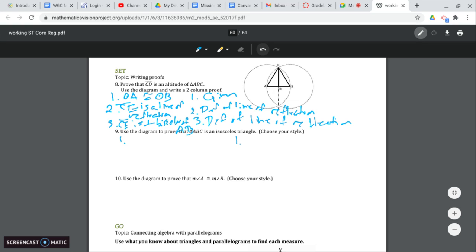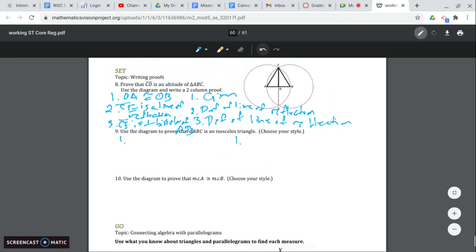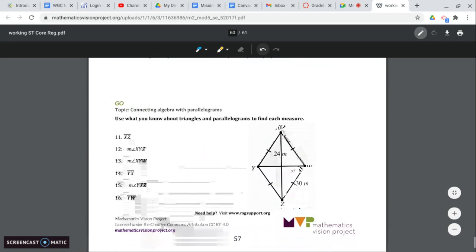We have to have two sides the same. What do we know about circles and their radii and diameters and things? And then in the last one, you're looking to prove that angle A and angle B are congruent. So I want to see you guys be able to work through those. You will have a proof that you'll have to complete on the test. I want to see that you guys can work through proofs. It's very crucial.